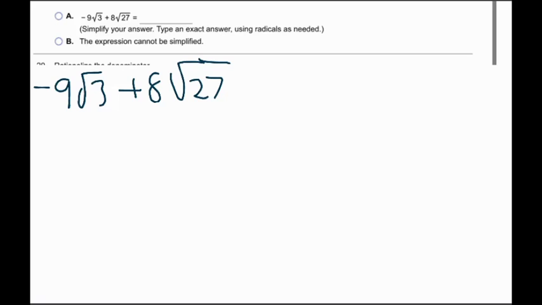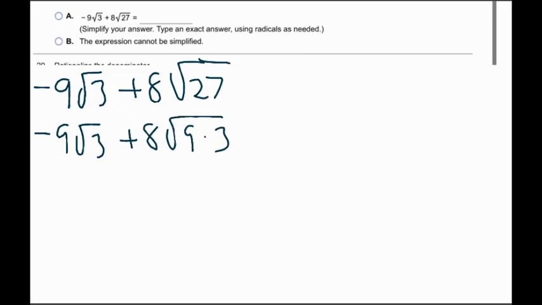We could use a little factor tree here, but basically 3 times 9 yields 27. So we're going to rewrite this as 9 times 3, and take the square root of 9.